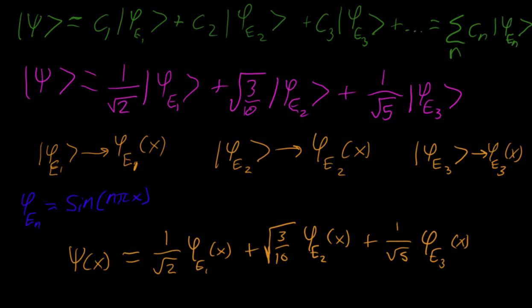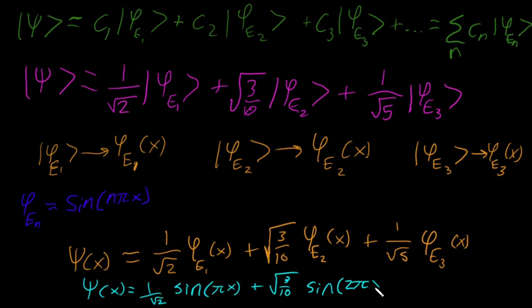And so now we could write, in this light blue color, psi of x equals 1 over root 2 sine of pi x plus root 3/10 sine of 2 pi x plus 1 over root 5 sine of 3 pi x.